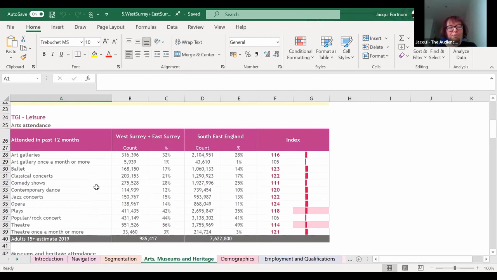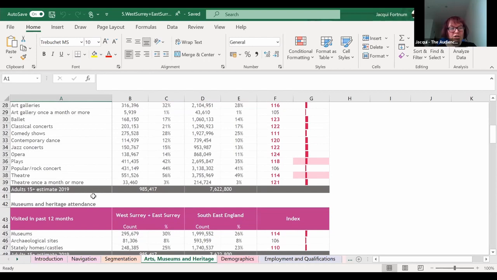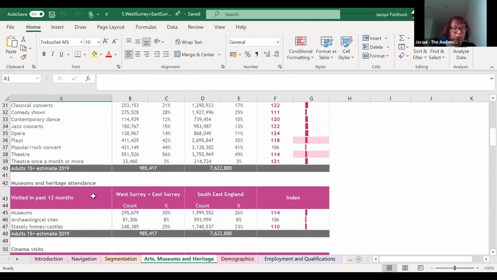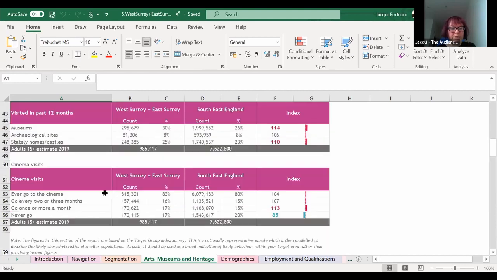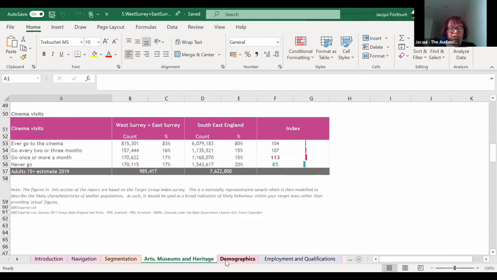So this comes from the target group index data, which is the sort of Moray poll that takes place on a regular basis. It's on-street surveying of what people are doing. And there is a separate section on museums and heritage attendance, which can be quite useful to see what people are doing in your area. So that's that set of data.